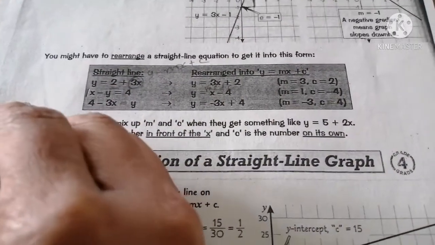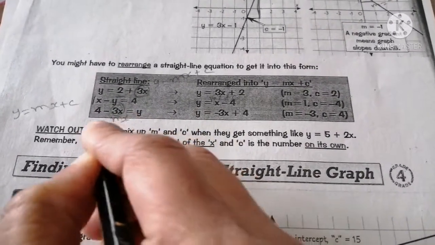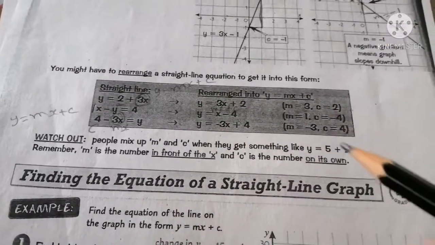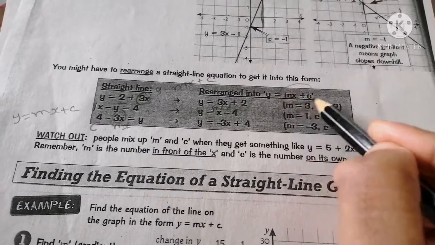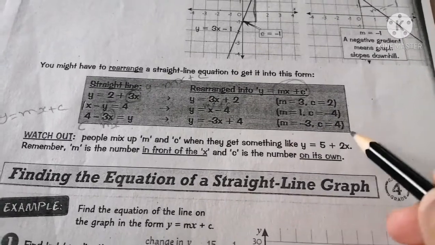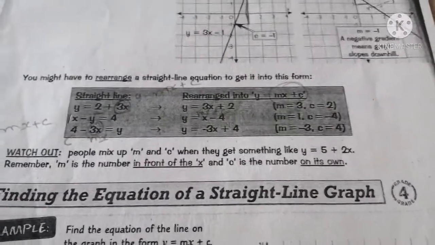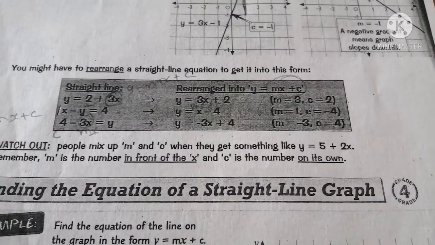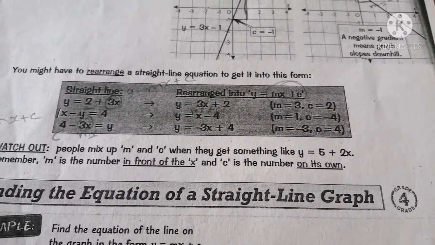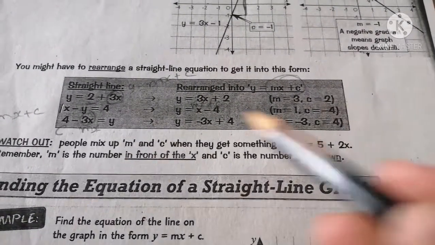Just write y equal to mx plus c here, and this is mx, this is c. So y equal to minus 3x plus 4. When you rewrite this into y equal to mx plus c form, then m equal to minus 3, c equal to 4. We already discussed how to rearrange the formula on our channel; if you see our previous videos, you can get knowledge about how to rearrange the formula.